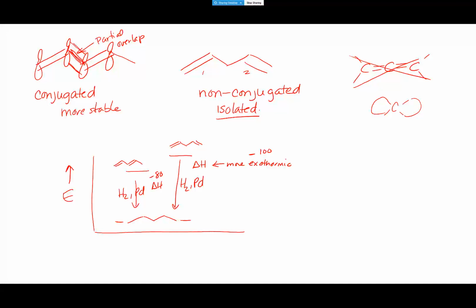So conjugated systems are going to react differently than non-conjugated ones, which is what this whole thing is about. So when we have the opportunity, it's more stable to form a conjugated double bond than it is an isolated one, or a non-conjugated one. In isolated ones, we can do all those reactions.